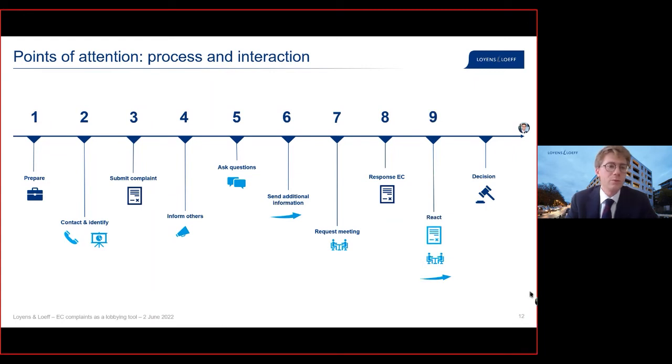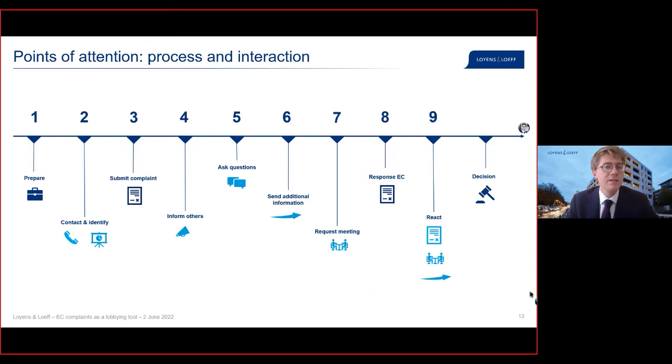It's important to react within the time frame given, by giving your counter arguments if you do not agree with the position of the Commission, but also giving them additional information and requesting a meeting. Having requested a meeting before receiving the formal position of the Commission can maybe induce them to finally give you that meeting you asked for.